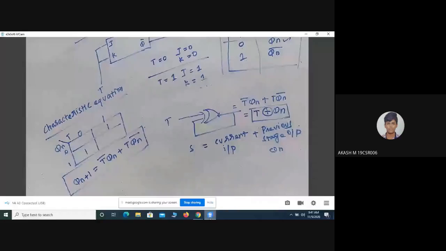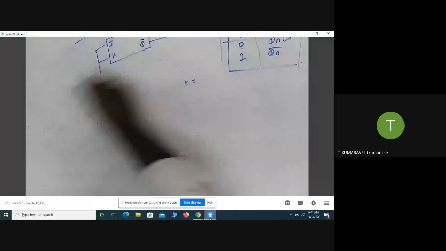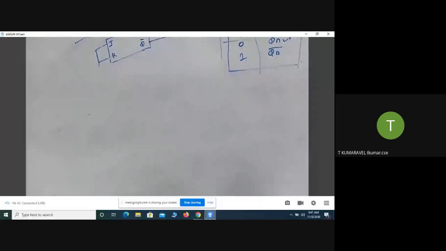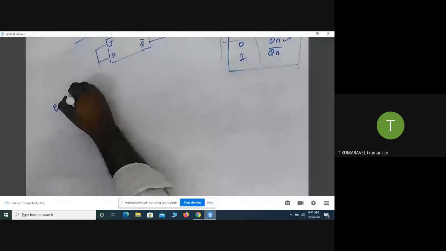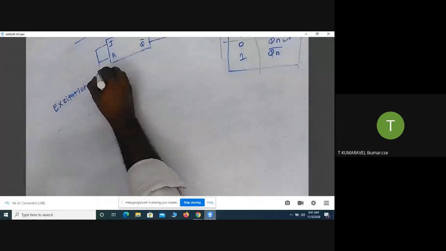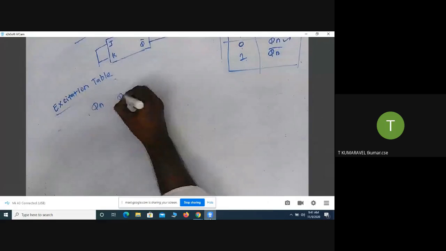The next thing is the excitation table. What is the excitation table? The excitation table we have seen. Anyone tell what the excitation table is? The excitation table is where we take the previous stage output and the next stage output, that is the current stage output.